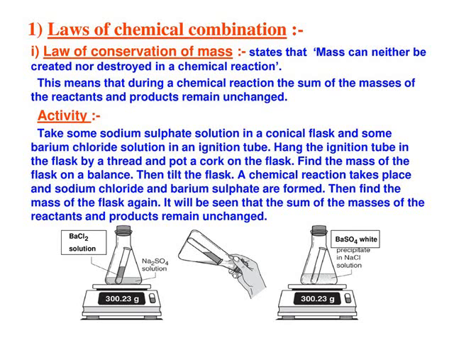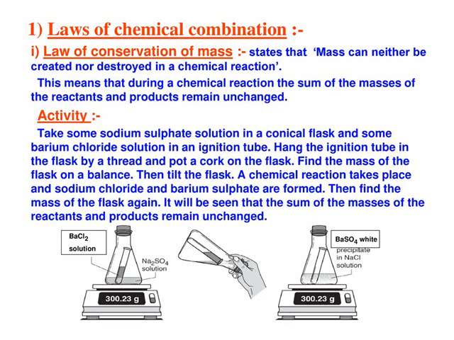Now in the same way, we will do the experiment. Just look at the diagram here. There is a conical flask, and inside the conical flask there is a test tube. In the conical flask, sodium sulphate Na2SO4 solution is taken, and in the ignition tube or test tube, barium chloride solution is taken.